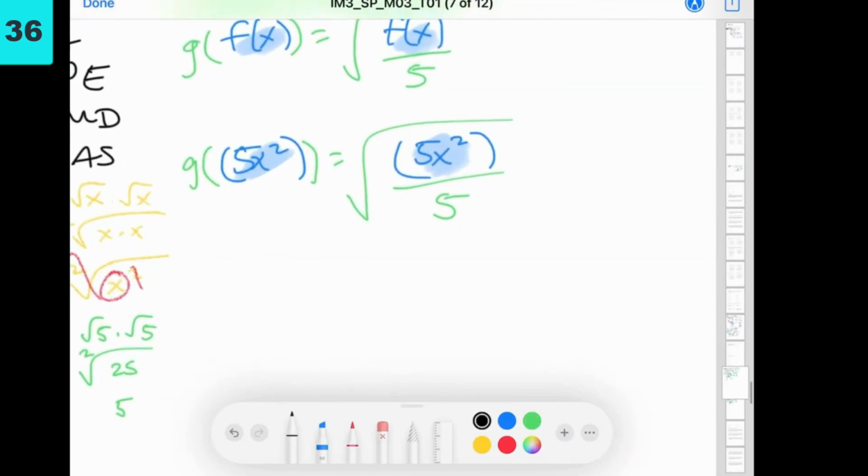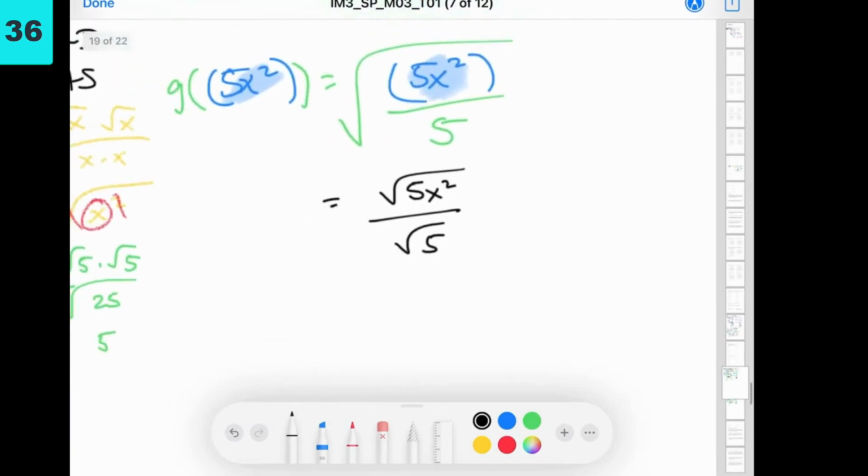Over here, they're both inside the square root, so you can do something like this. And you could do a couple of things here. You can break them up. And there you would see radical 5 divided by radical 5 is 1.